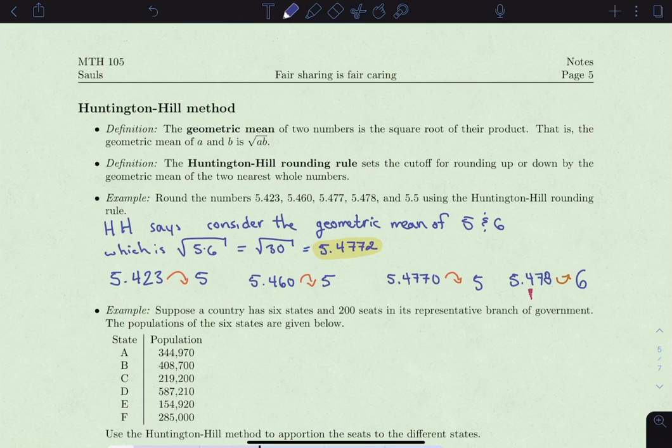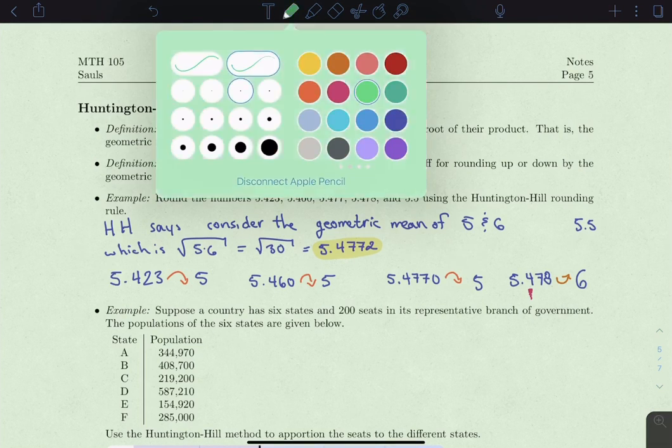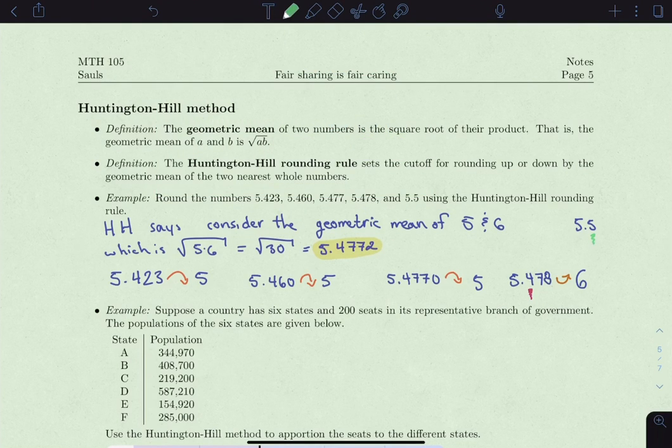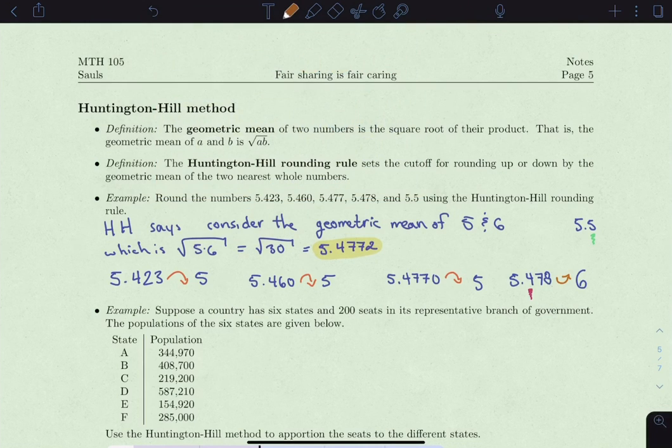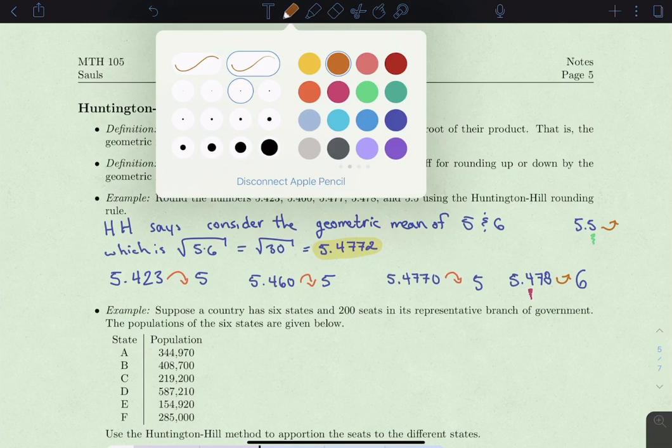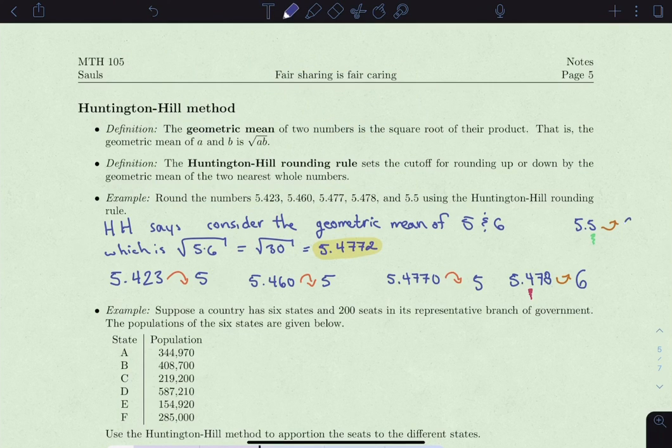And 5.5 itself, the number that's normally the boundary point, where the tenths place is 0.5, will also round up because it's larger than the cutoff point, which is 5.4772. So this will also round up to 6. So that's the Huntington-Hill rounding rule.